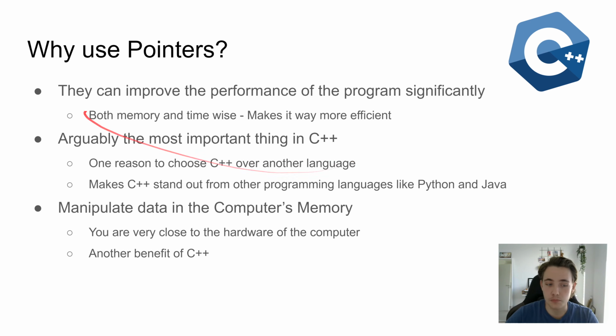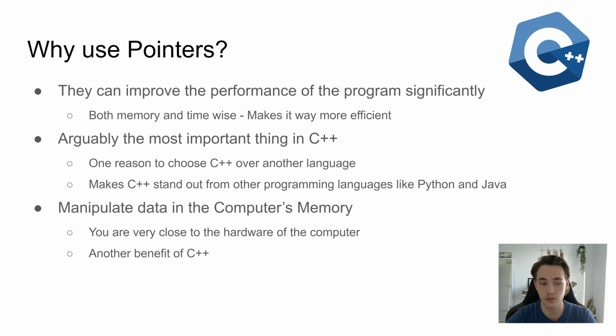It makes C++ stand out from other programming languages like Python and Java, where we can't access pointers and actual memory addresses and get down to a really low programming level. Those languages are really high-level and abstract.